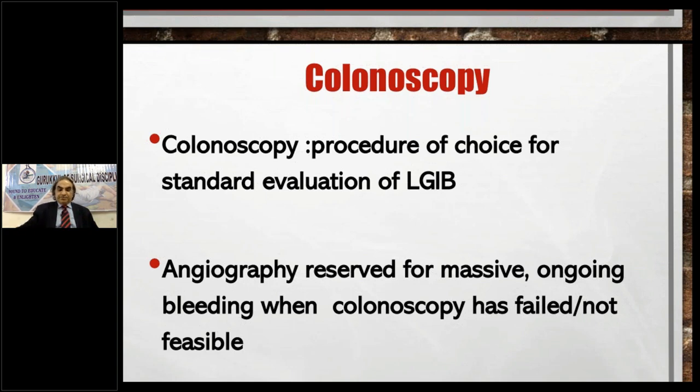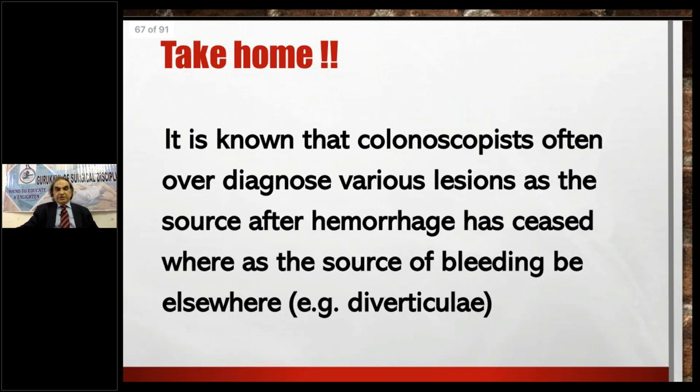The take home, and for each statement that I make, there is a take home, and you must therefore concentrate on the take home. It is known that colonoscopists often overdiagnose various lesions as the source of hemorrhage, as the bleeding has ceased before they start doing it, like I mentioned earlier.